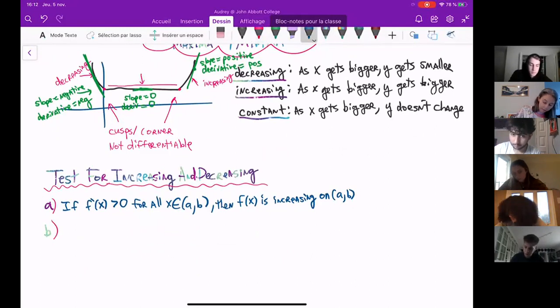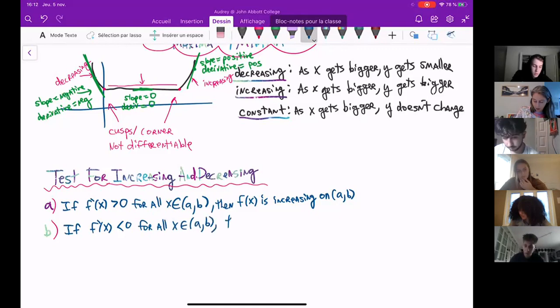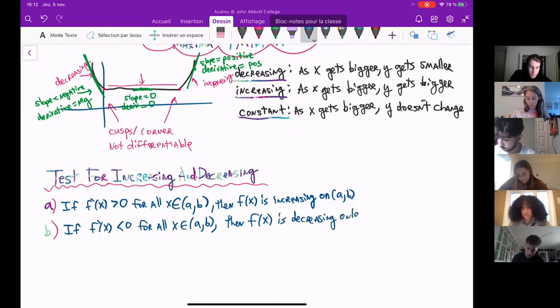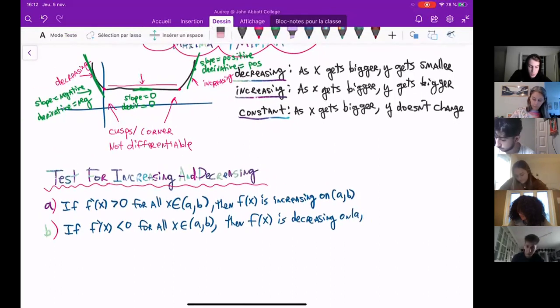If f prime is negative, so if it's less than 0 on some interval, then f is decreasing. And if f prime is equal to 0, then it's constant.